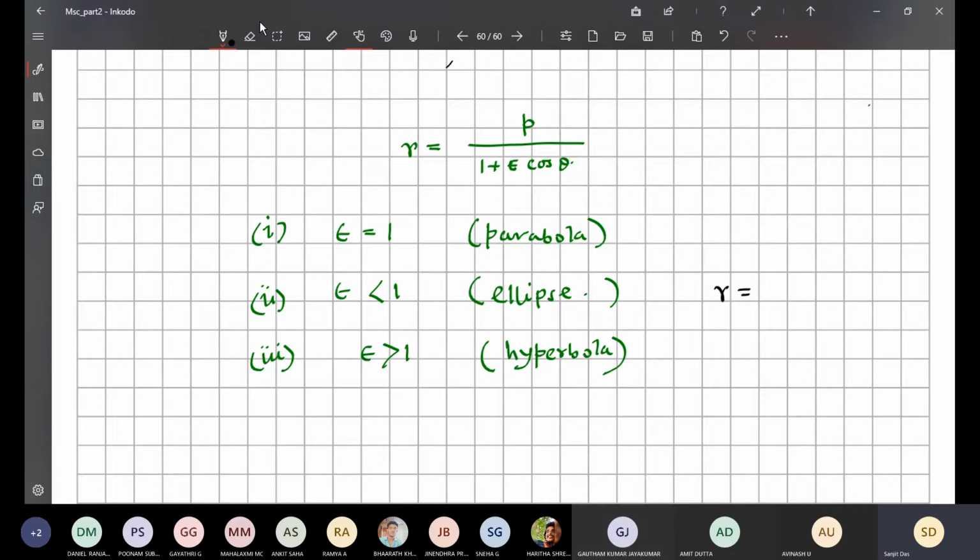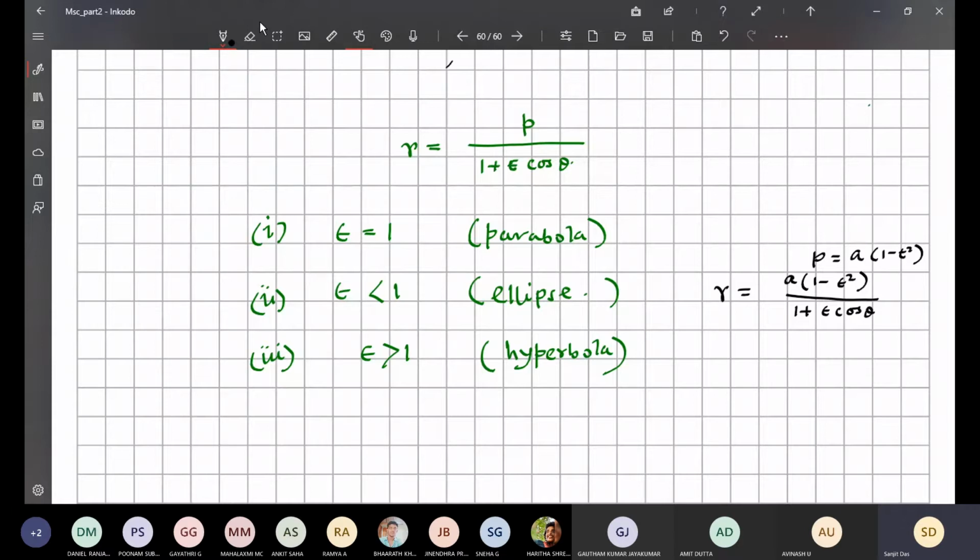So r is equal to, in this particular case, ellipse, a(1 minus epsilon square) over 1 plus epsilon cosine theta. So for the case of the ellipse, this small p has given this particular formula, small a into 1 minus epsilon square.